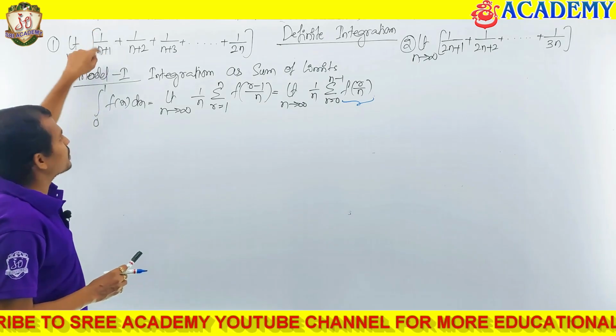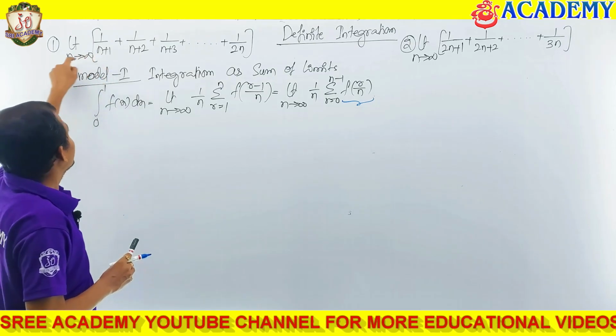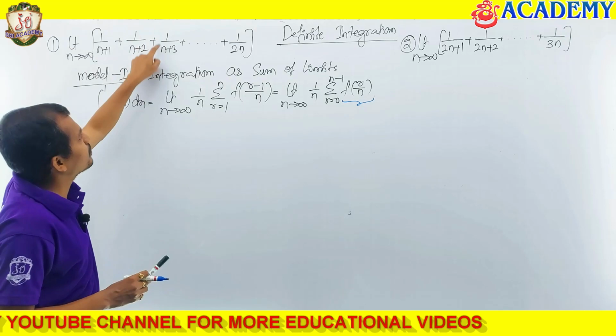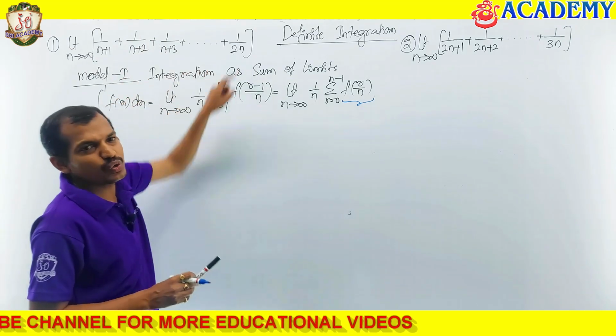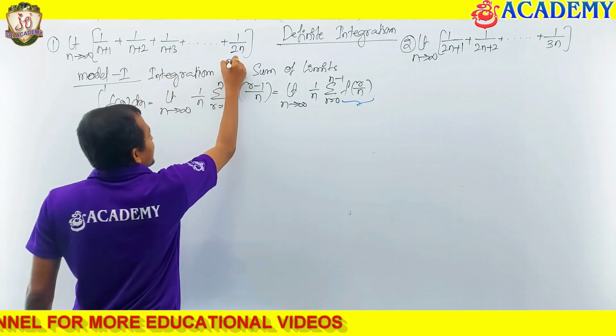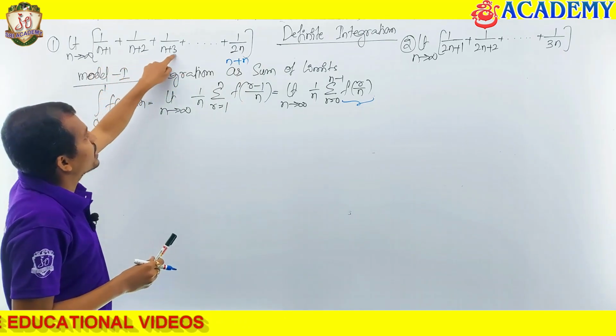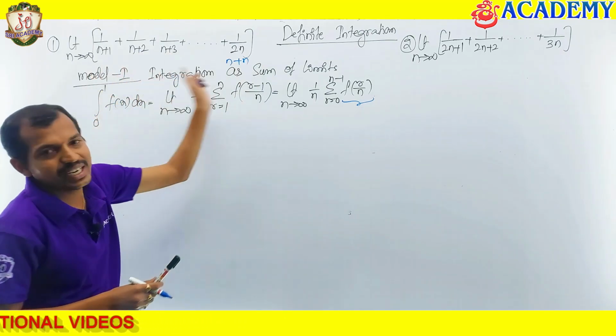Here, given 1 by n plus 1, 1 by n plus 2, 1 by n plus 3 and so on up to 2n, I am writing 2n as n plus n. If I take r in place of 1, 2, 3, indirectly I am changing r.